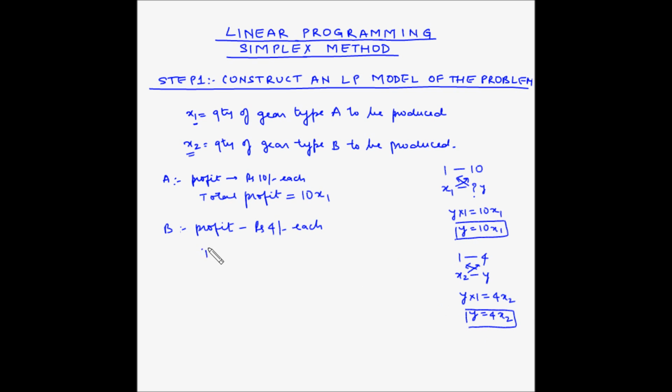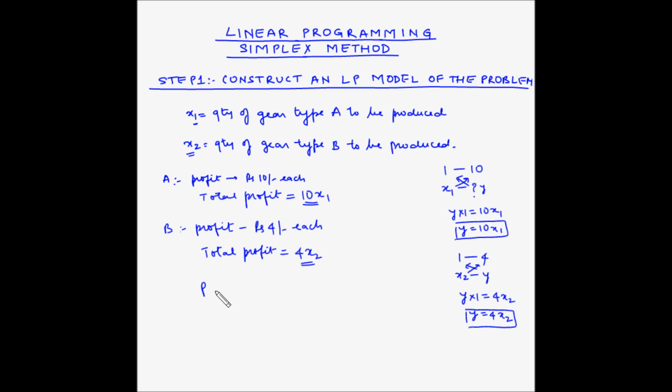So the total profit generated by x2 numbers of gear type B is equal to 4 times x2. So the total profit generated by gear type A is 10x1, and the total profit generated by gear type B is 4x2.